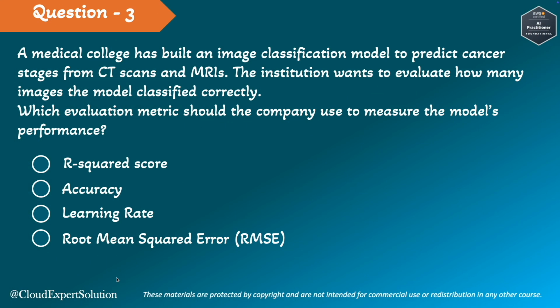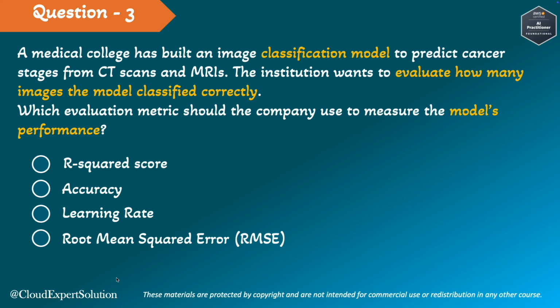Question number 3 is talking about a medical college that has built an image classification model to predict cancer stages from CT scans and MRIs. The institution wants to evaluate how many images the model classified correctly. Which evaluation metric should the company use to measure the model's performance?